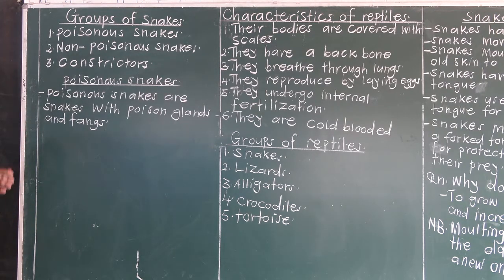Poisonous snakes are snakes with poison glands and fangs.